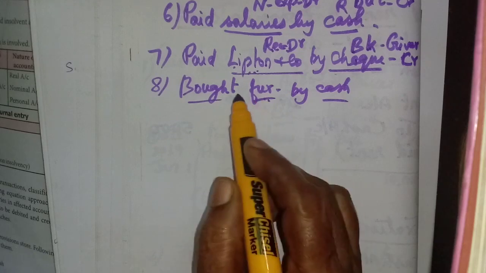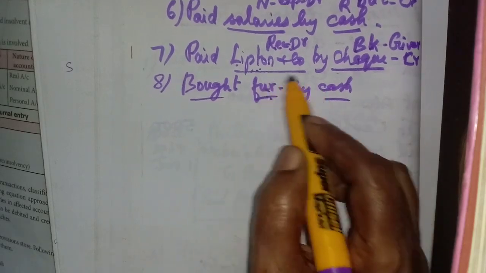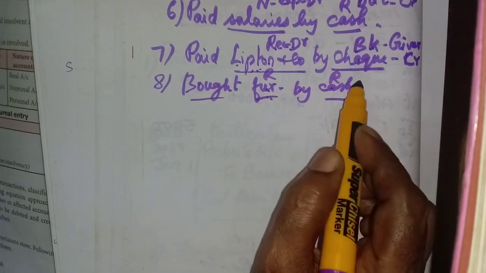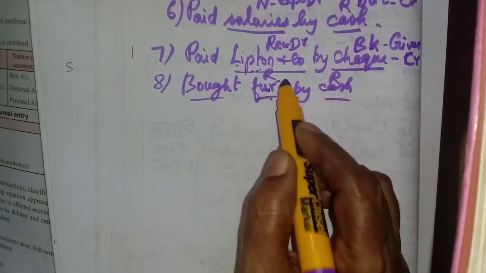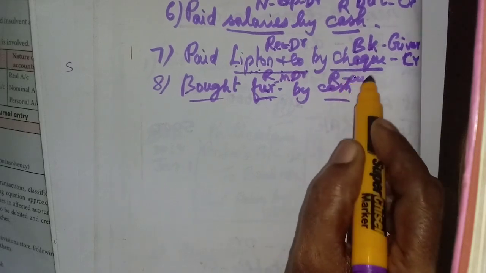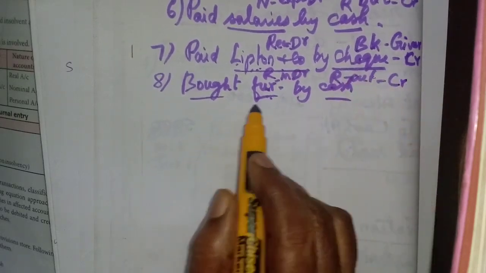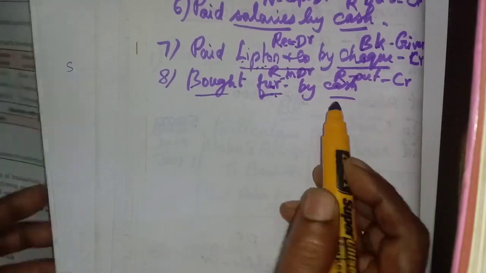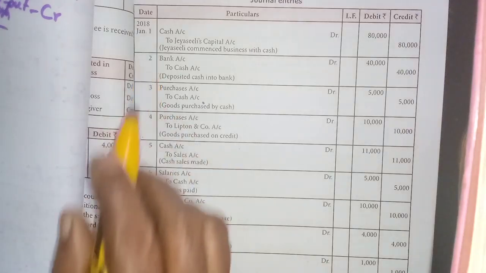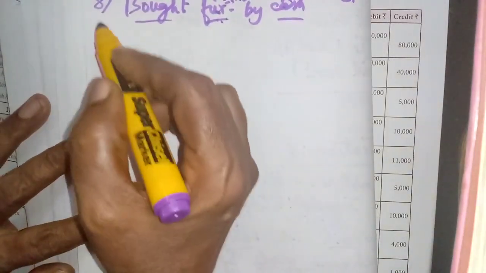Furniture account and cash account are both real accounts. Debit what comes in, credit what goes out. What is coming in? Furniture is coming in, so we should debit. Cash is going out, so we need to credit. So furniture account debtor to cash account, furniture bought for cash.